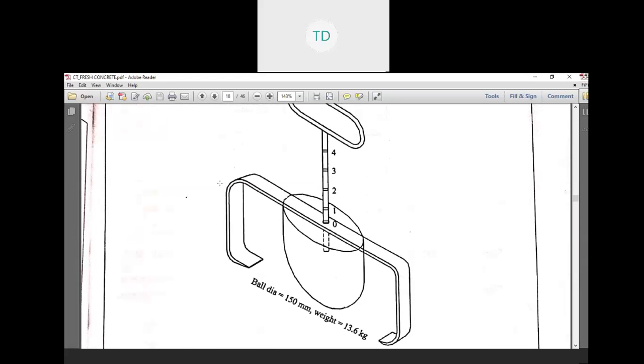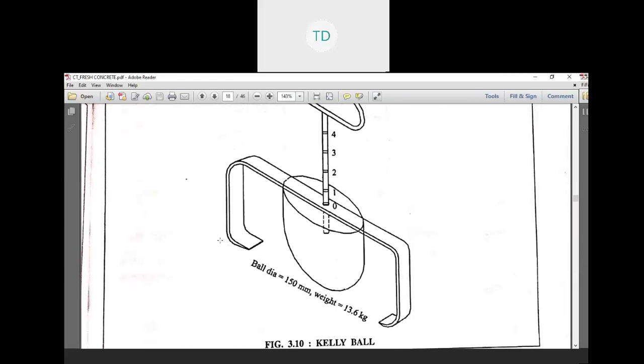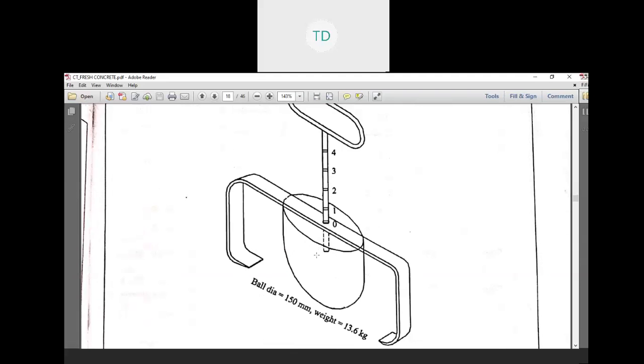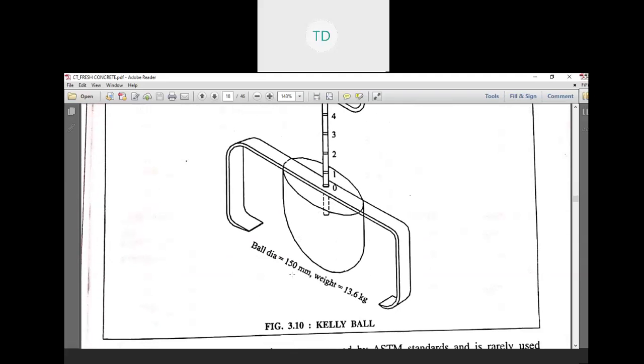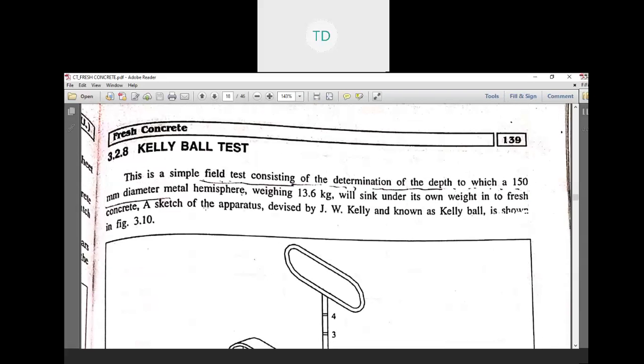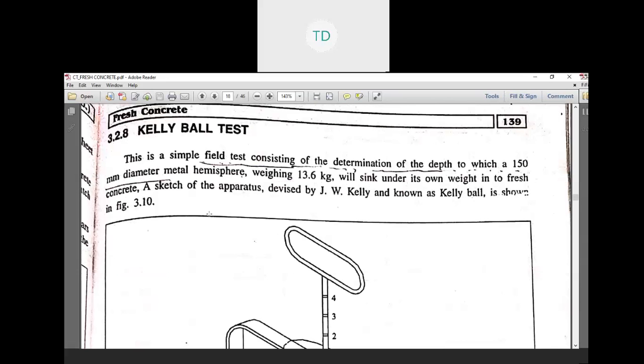Let us see the apparatus of the Kelly ball. In this, two arms of steel and a ball-shaped material are given here, and the diameter of this ball is 150 mm and weight is 13.6 kg. It's called the Kelly ball. Let us start the Kelly ball test.